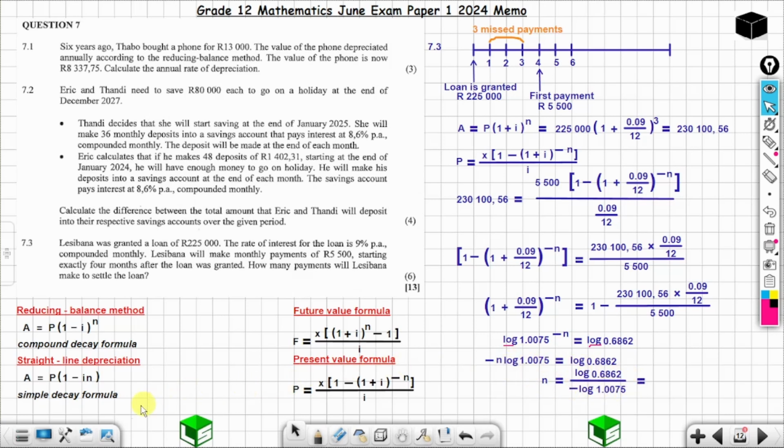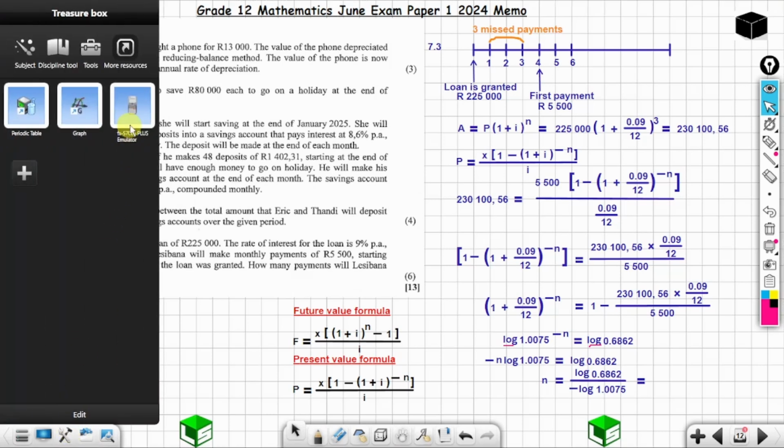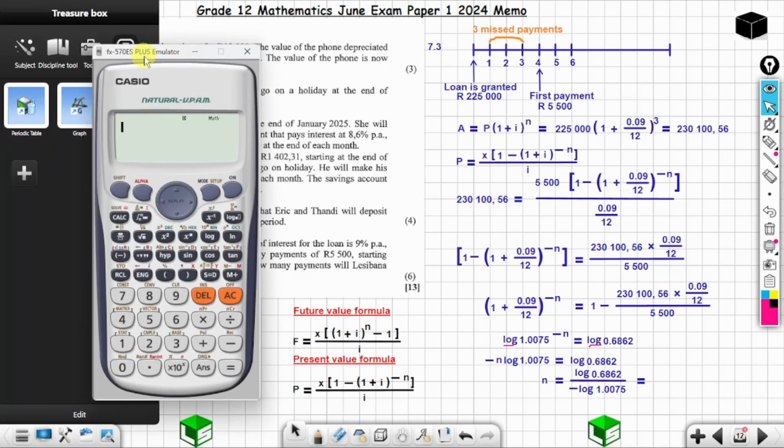This is equal to, you can use your calculator.